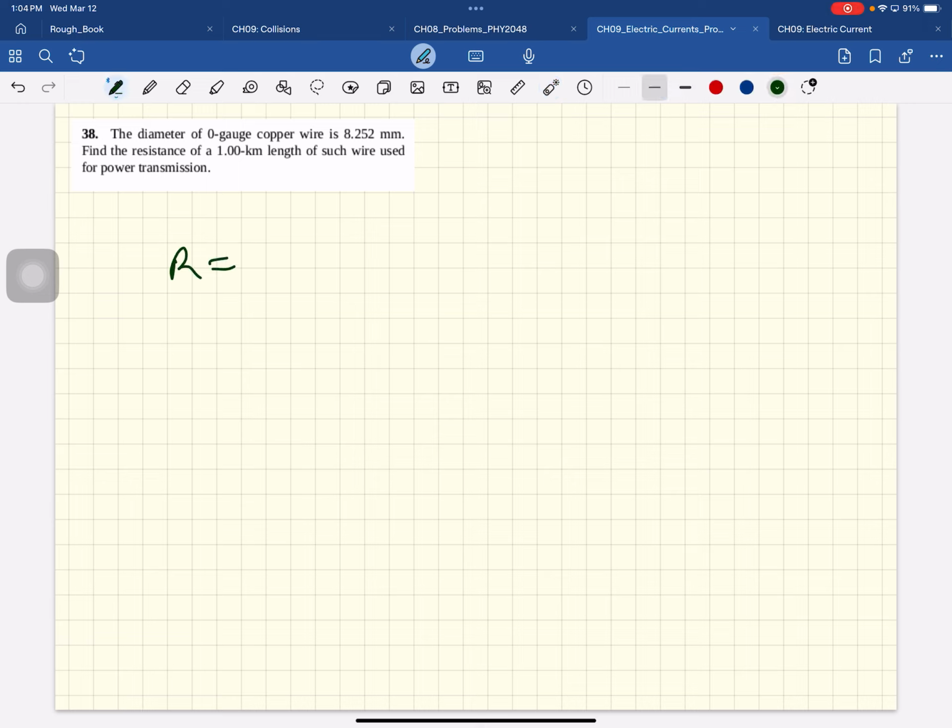Resistance is resistivity times length divided by area of cross section. The longer the wire, the greater the resistance; the greater the area of cross section, the lower the resistance. And this is a property of the material. So let's look that up for copper.